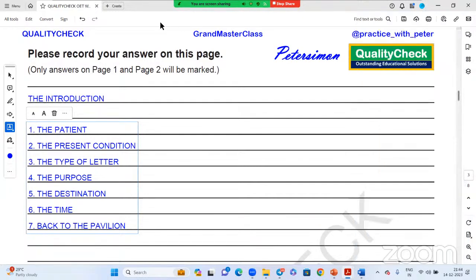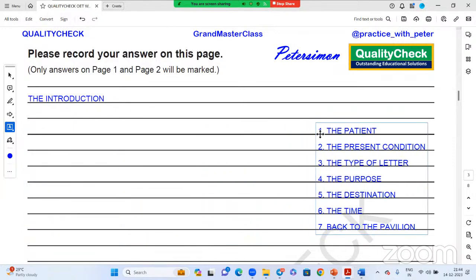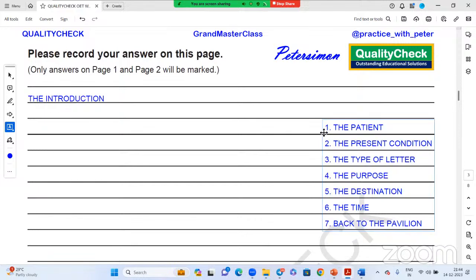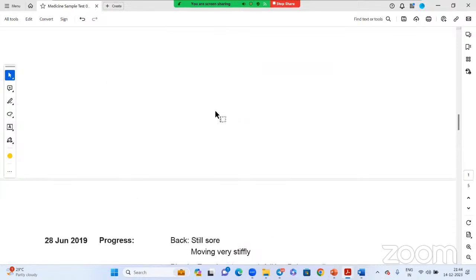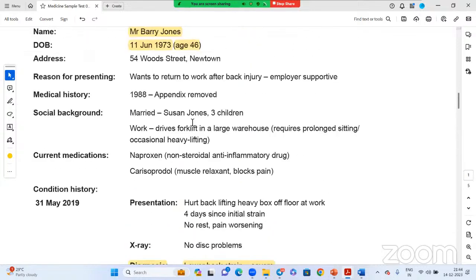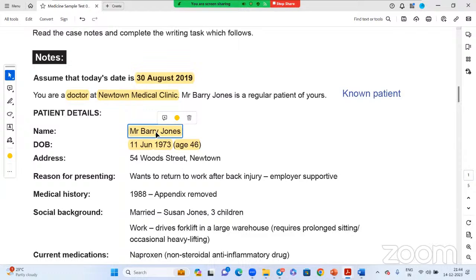Now let us see here the patient. So all these points we are bringing them here. Right. Now let us see the name of the patient. Now the name of the patient is here. Yes. Mr. Barry Jones.